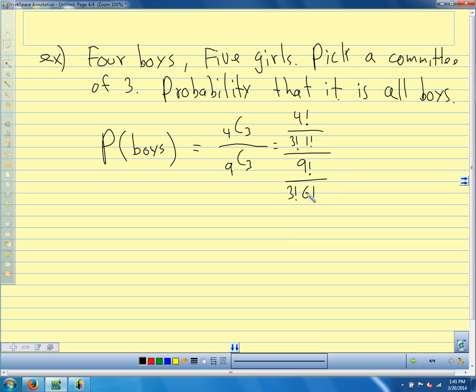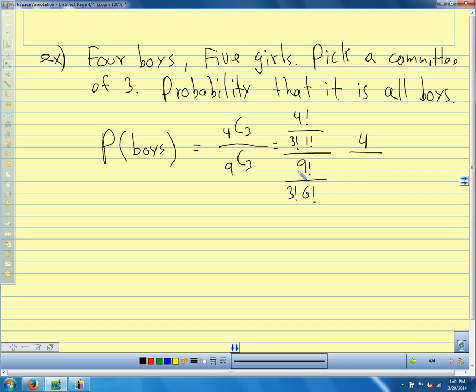We're going to find our probability here by hand. Well, 4 factorial divided by 3 factorial is what? What am I left with when I divide 4 factorial by 3 factorial? 4. I just am left with 4. So for my numerator, I get 4.